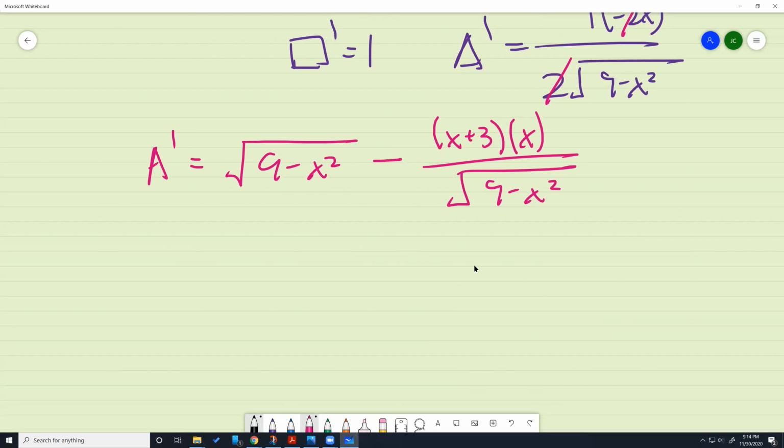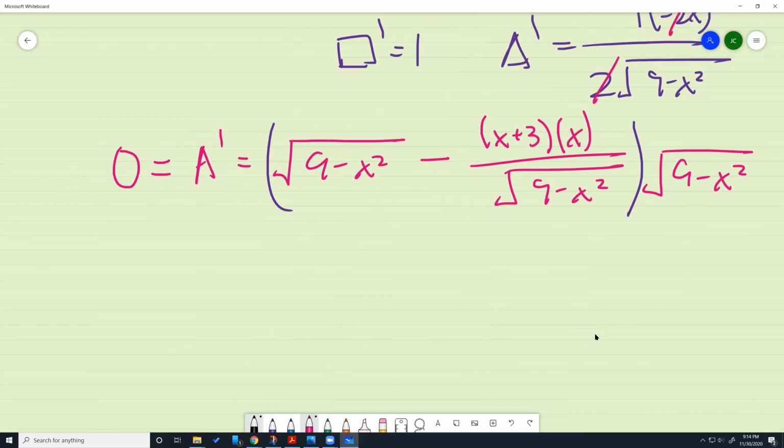We're going to have to take care of the fractions here. And actually, now that I think about it, a quick math trick if you want. Eventually we're going to have to set this equal to 0 to use the first derivative test. So you can multiply both sides by square root 9 minus x squared.